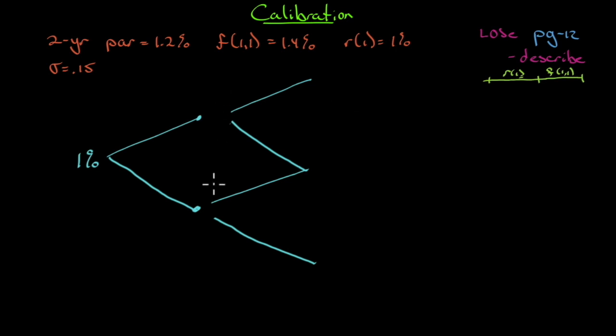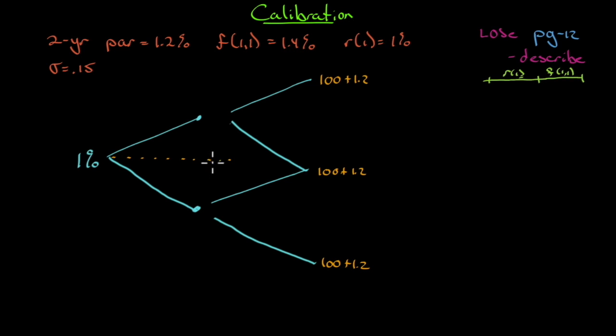So let's begin. What do we got? Let's start with our payoffs because that's the easiest place to start. It's a 1.2 par yield, so it's 100 plus 1.2 at each of the nodes, plus 1.2 and 100 plus 1.2. So we need a starting rate to discount it back by. Remember I said you can do this. What's our F11? It's 1.4.